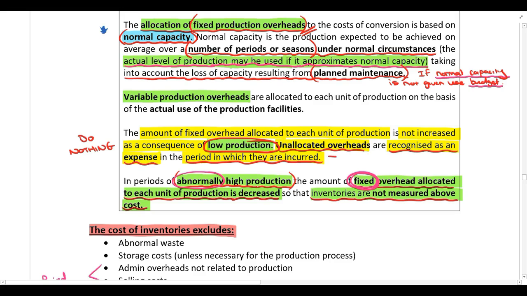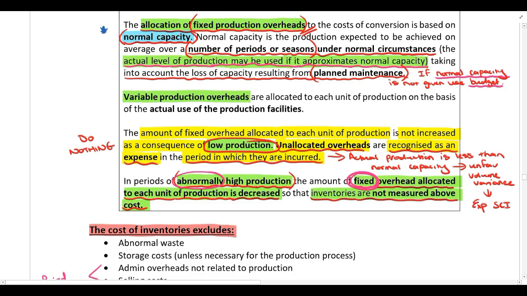All they are saying is if we have low production, so your actual production is less than normal capacity, you will then have an unfavorable volume variance which will be an expense in your statement of comprehensive income.